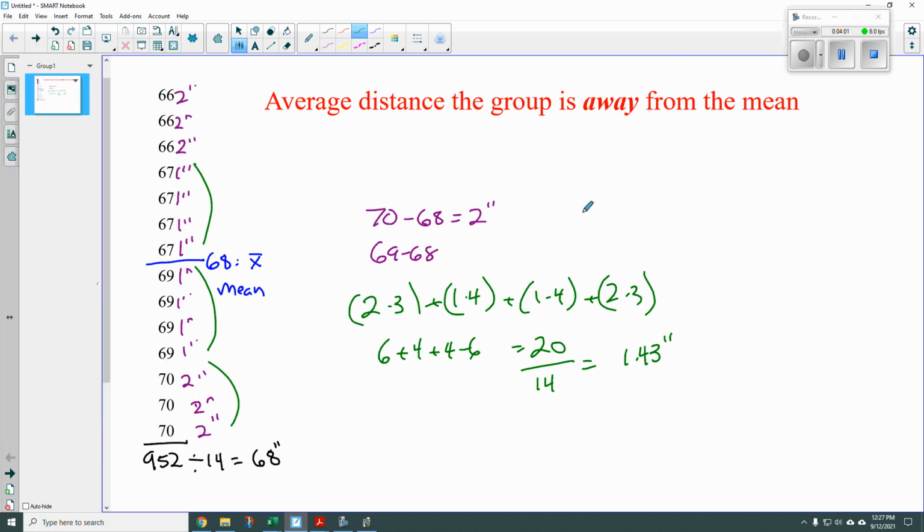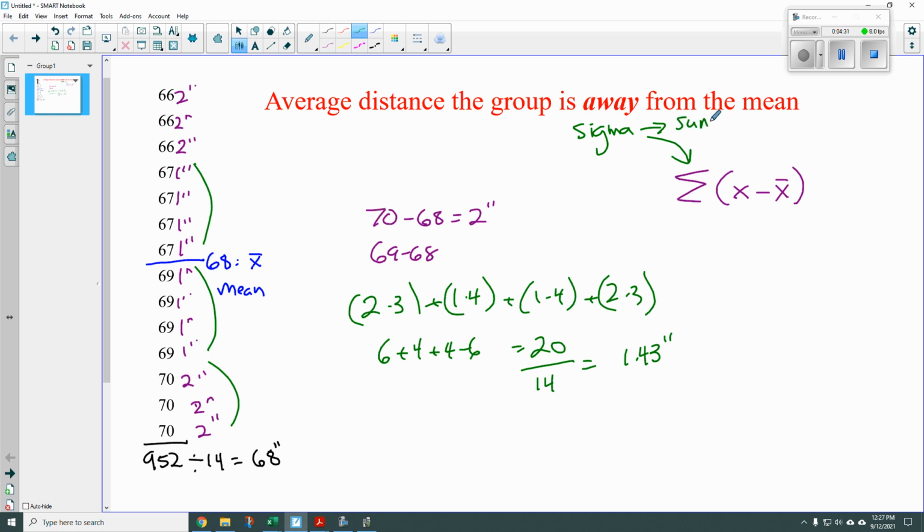Now, I would write that using mathematical symbols as saying, for each data point, x, I took that data point, I subtracted the mean, I added all of those up. This symbol right here is sigma, the Greek letter sigma, and that stands for sum.